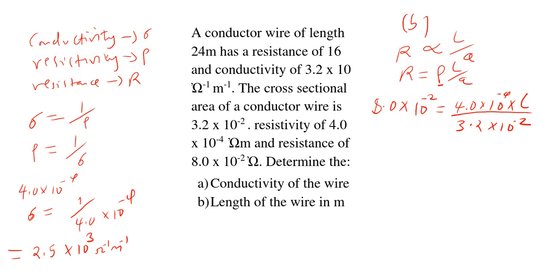So to get length, you can multiply both sides by 3.2 times 10 power negative 2 over 4.0 times 10 power negative 4. So when you multiply both sides, this side will be left with L and the other side will have 3.2 times 10 power negative 2 over 4.0 times 10 power negative 4.